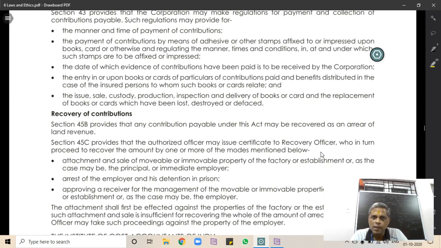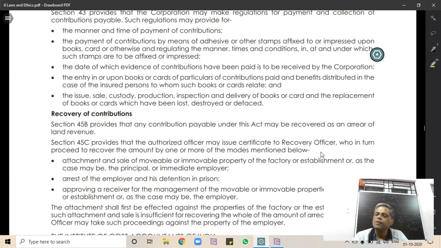Arrest of the employer and his detention in prison, and appointing a receiver for the management of the movable or immovable property of the factory or establishment, as the case may be.